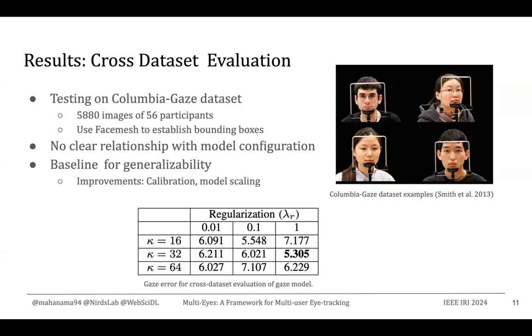These results indicated better generalizability in the model compared to literature and provide a potential baseline for investigating the generalizability in future research. We also expect calibration and model scaling as possible ways to further improve the model performance.